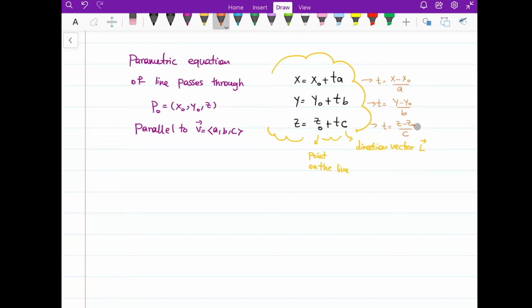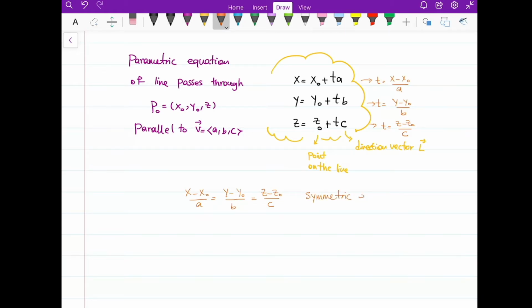If I set all of them equal to each other, all of them are t, right? So x minus x naught over a equals y minus y naught over b equals z minus z naught over c. This is called the symmetric equation of the line.